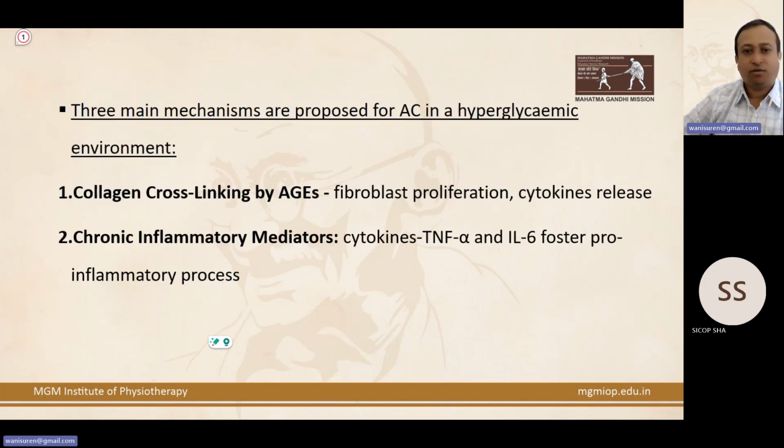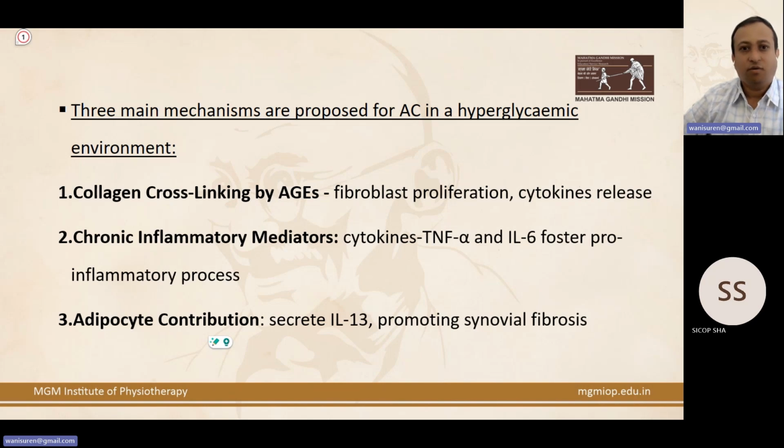In summary, we can summarize the mechanisms for development of adhesive capsulitis due to the prolonged hyperglycemic environment in the patient's body. First is the formation of collagen cross-linkings by the advanced glycation end products, which may lead to fibroblast proliferation and cytokine release.